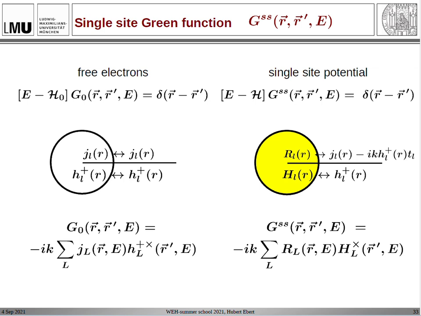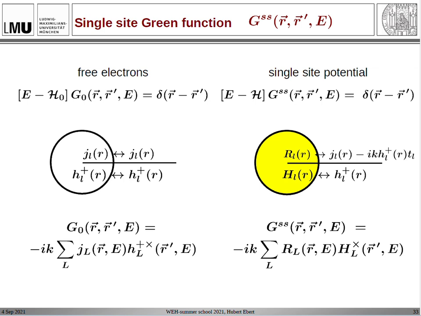And we can get a corresponding angular momentum representation by making use of the properties we have already collected, and of course the corresponding defining equation for the single-site Green's function. Namely, we have to use now these radial functions, the regular functions you have seen before, that match to those outside spherical functions, that linear combination. But we need, unfortunately, also another equation that matches to the Hankel functions outside.